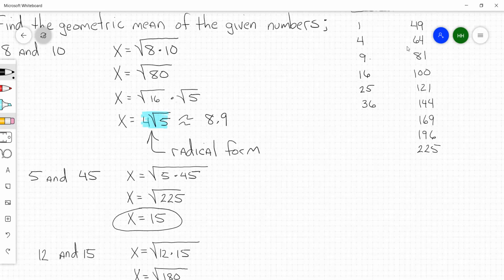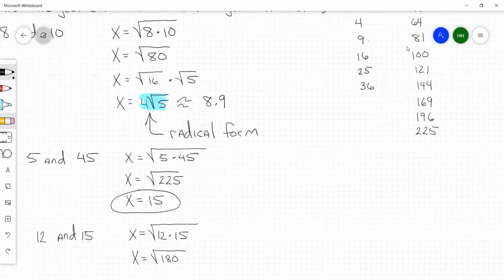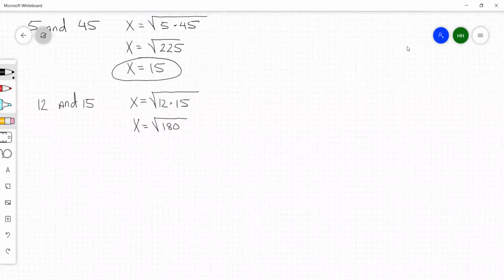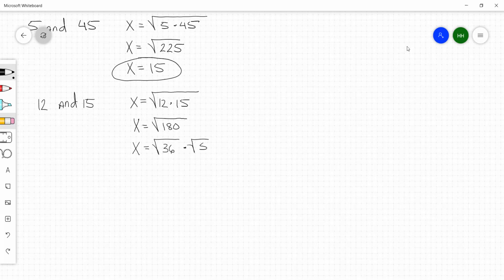So you can stop at 49. Yeah, it's 36. How many times does it go? Very good. So look what this simplifies to. x is equal to the square root of 36 times the square root of 5. So now we can simplify. x equals 6 times the square root of 5. And then as a decimal, 13.4.